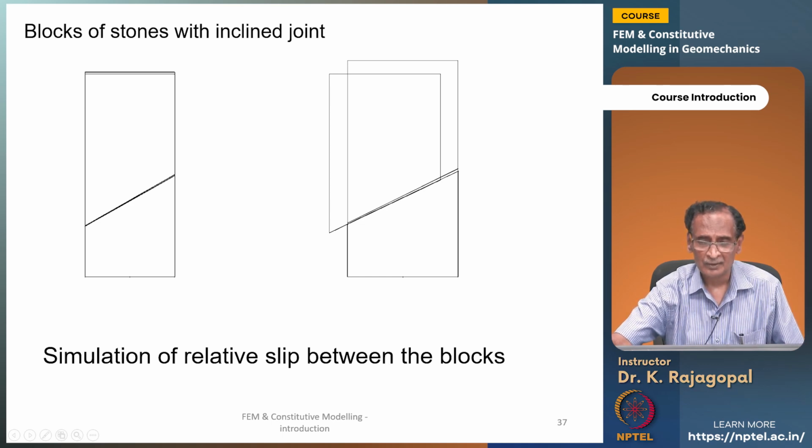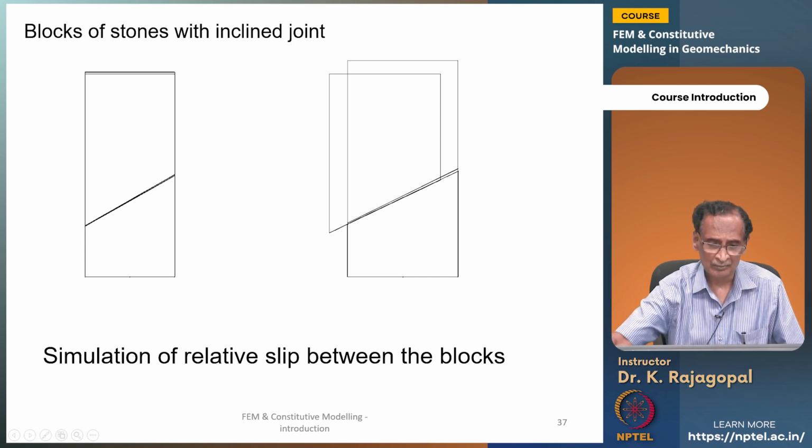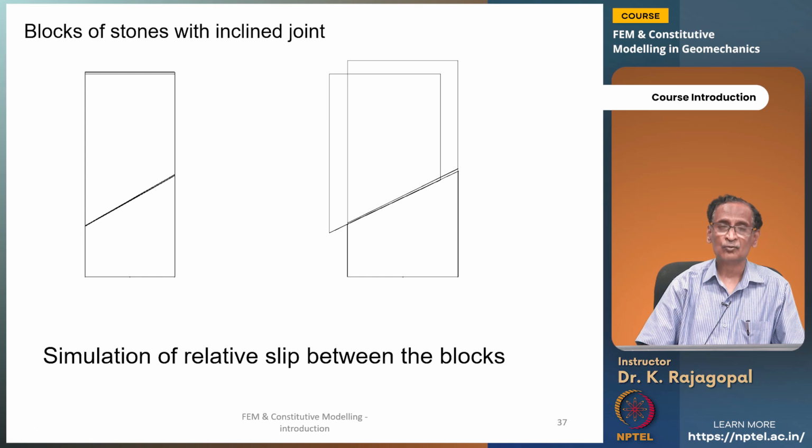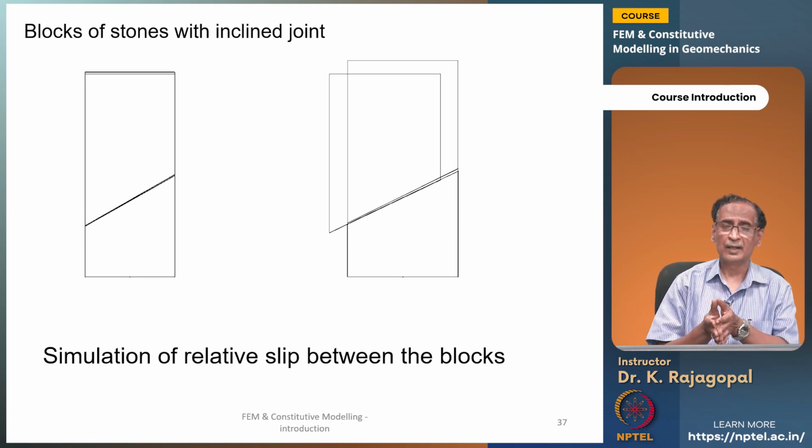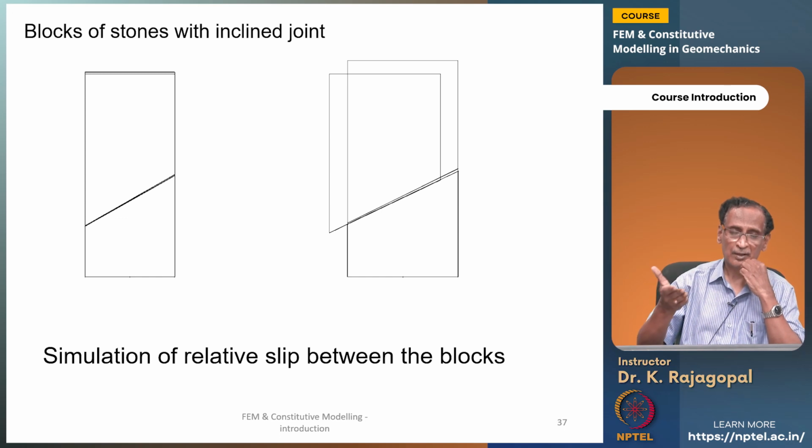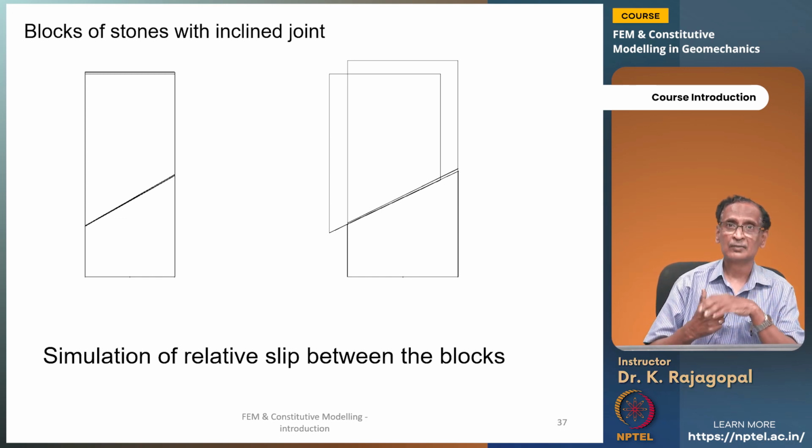Initially both the upper and bottom ones are going to deform together, but then after the failure, the upper block is going to slide along this surface, and whatever finite element analysis that we are going to do should be able to replicate this sliding. Okay. And so that also we are going to discuss as part of this course.